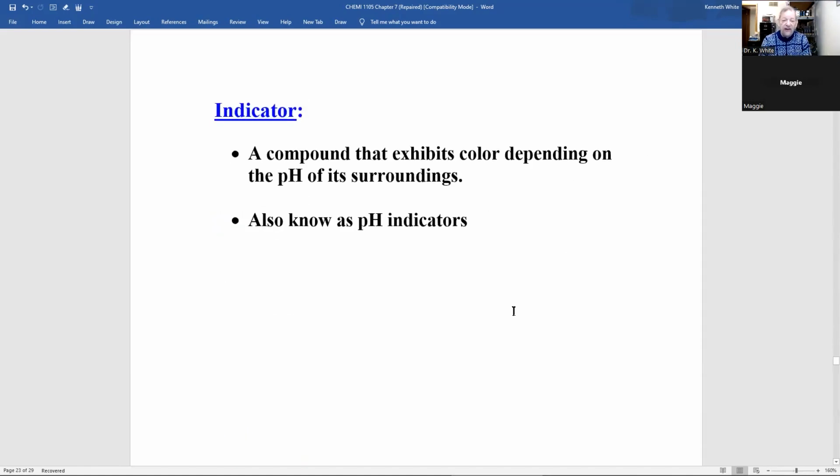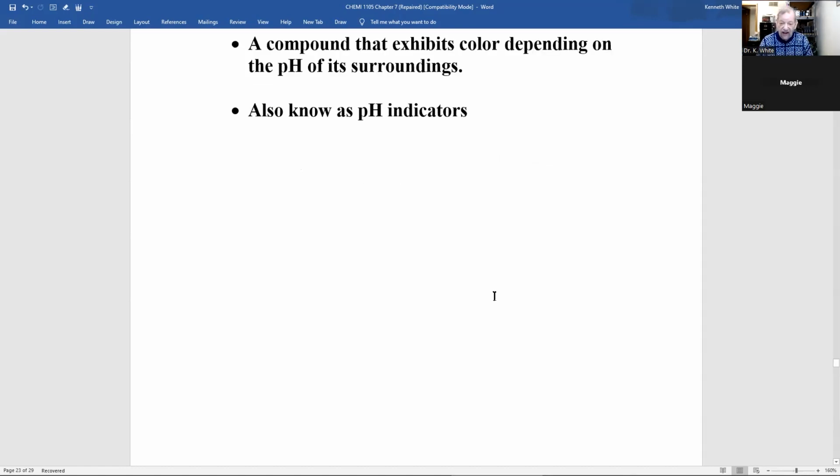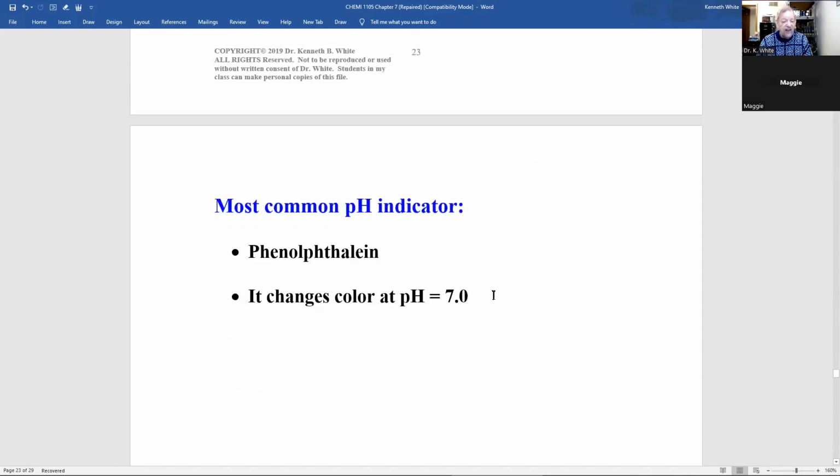Well, it turns out, and you'll be doing this in a lab next week, you have what's called a pH indicator. A pH indicator changes color depending on the pH it is. Now, there's one famous pH indicator that changes at 7.0, and that's called phenolphthalein. Below 7, phenolphthalein is colorless or clear.